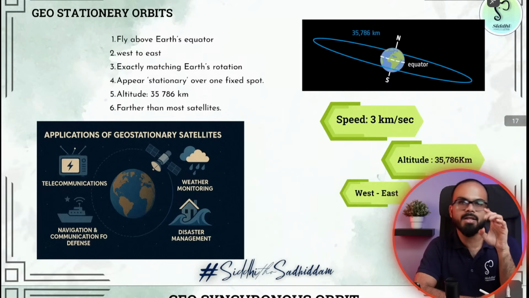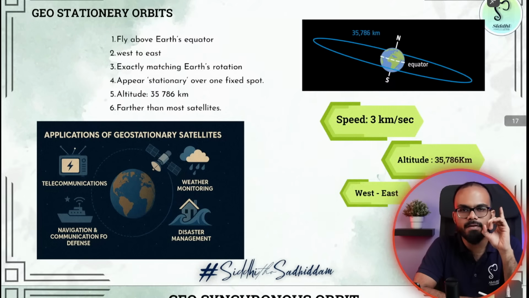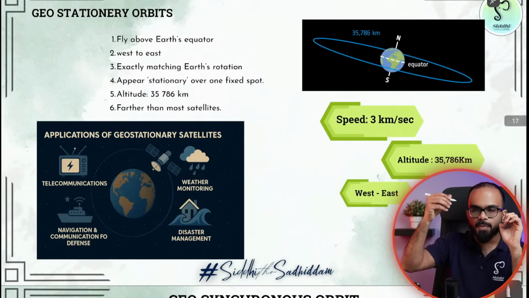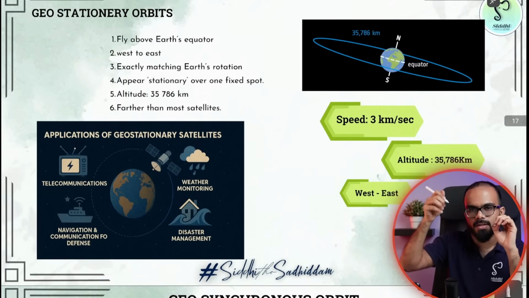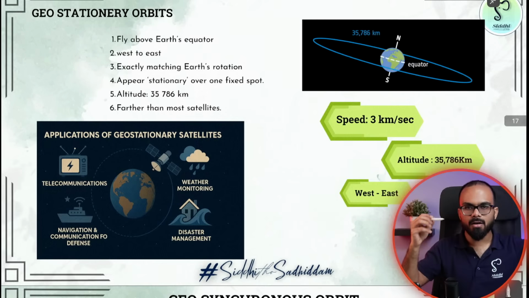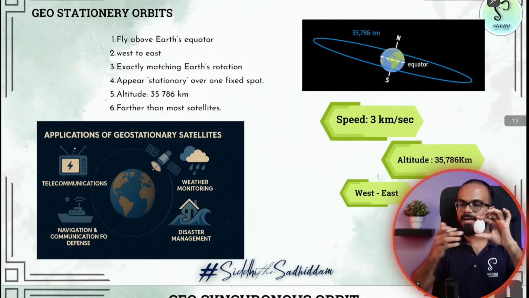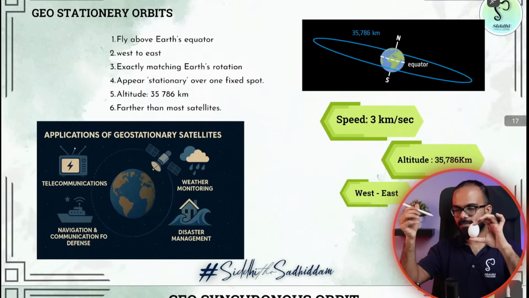So there is one orbit around the Earth which is always crowded. There is a lot of demand for it. Every country wants to put their satellites there. The reason is, if you put your satellite at that particular position, it is exactly in synchronous with the equator, and you can constantly focus on a point. For example, this is the Earth's surface, and I am putting my satellite at this point.